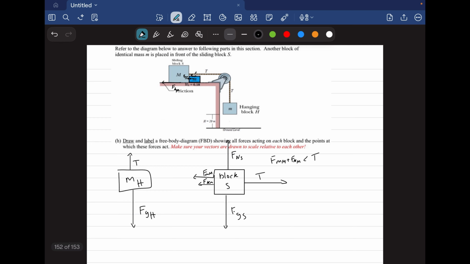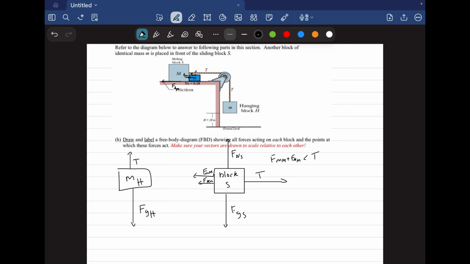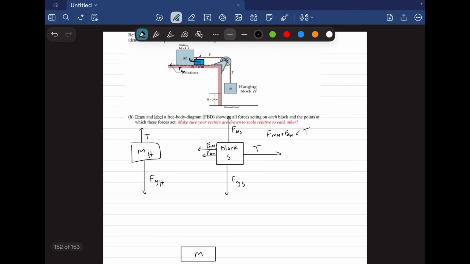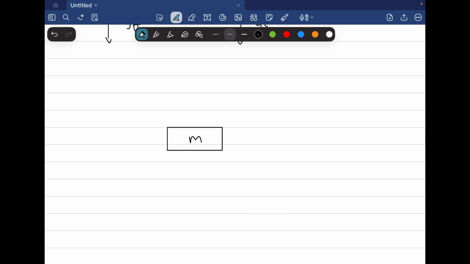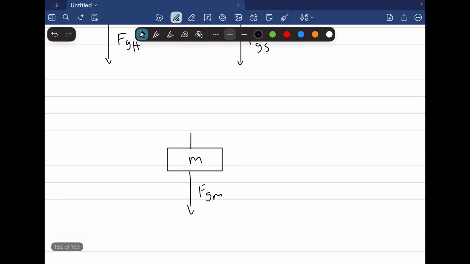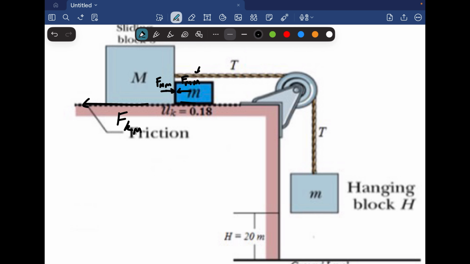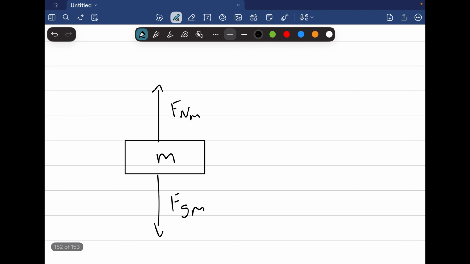And then lastly is the small dark blue lowercase m, right? So M. So there's gravity, so I'll draw that. Fg lowercase m, and then it's on the floor, so there's opposite Fn of equal magnitude. And then there's friction right here, Fk lowercase m.